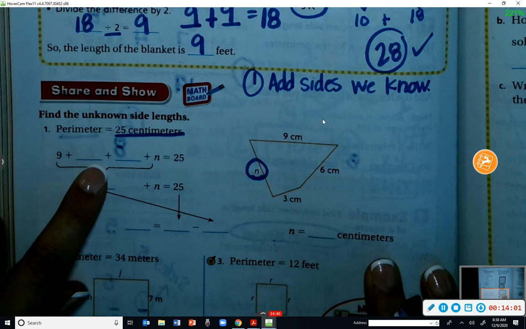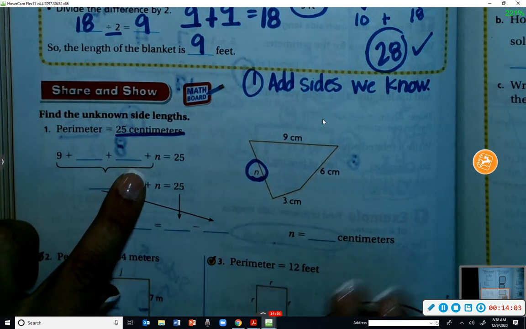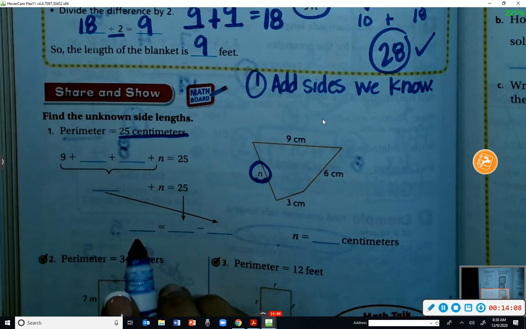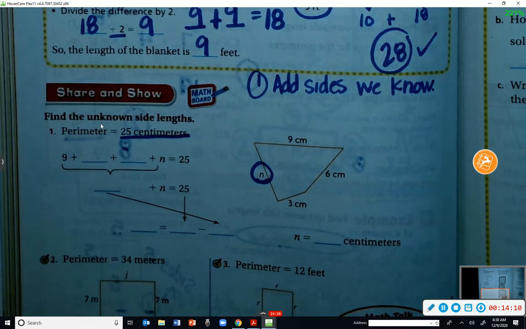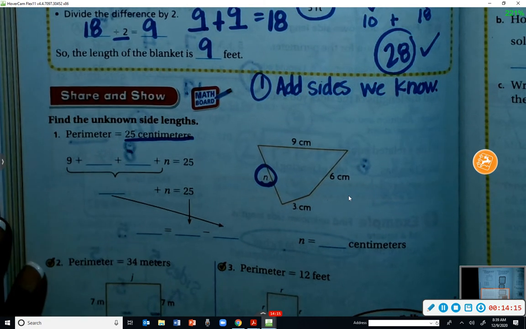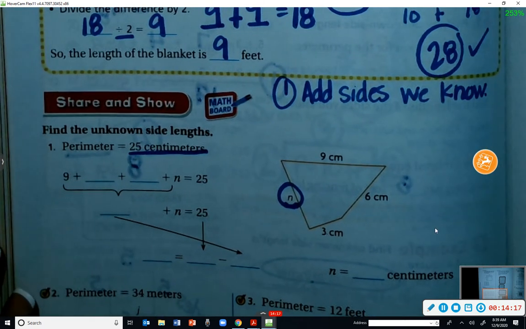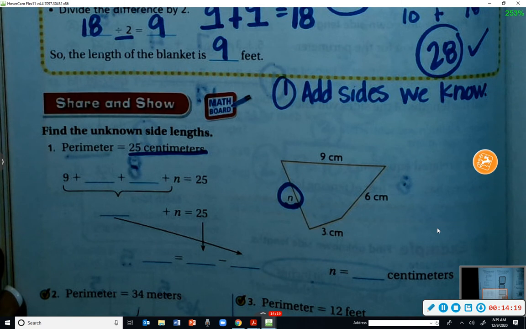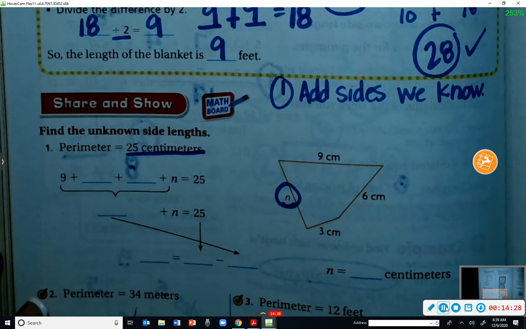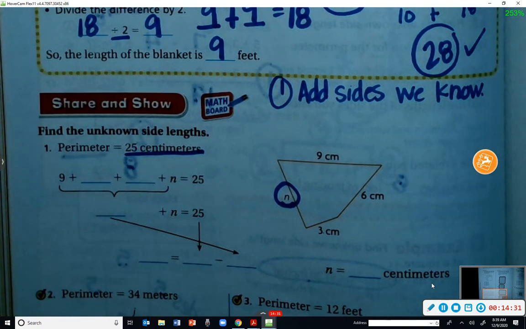So they already wrote the 9 for us. So what needs to go here and here? Brandon? Pay attention. That's not a trick question. Kelsey? 6 and 3.